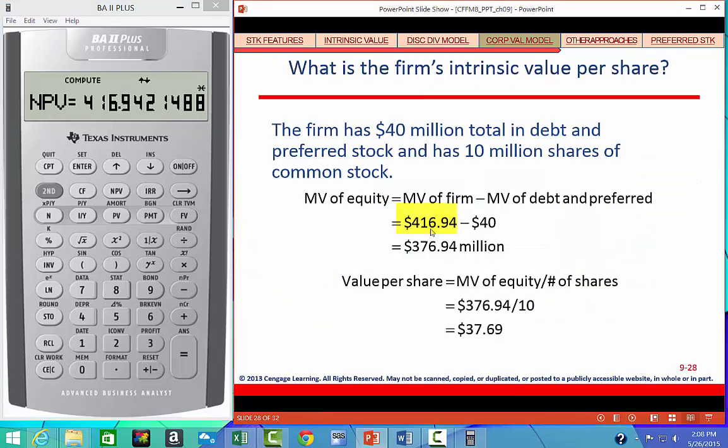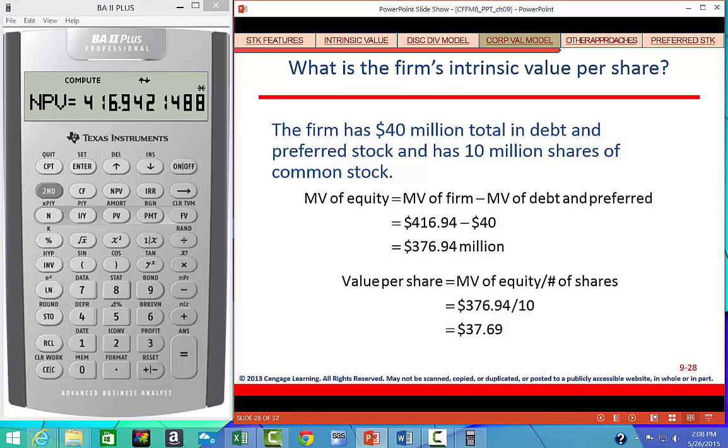So we take that 416.94 and we're going to subtract out debt and preferred stock. They told us that they have 40 million in debt and preferred stock, so we'll just subtract 40. So we get the market value of equity by backing out debt and preferred stock.